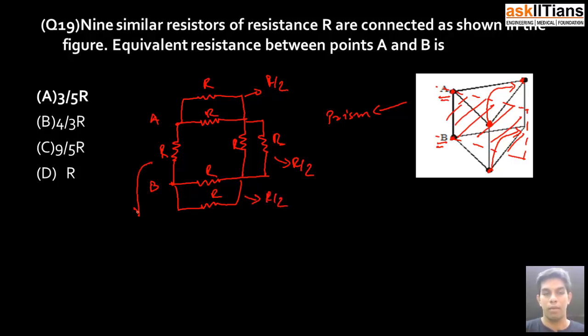So the next step in drawing an equivalent circuit diagram is this. This is R, points A and B, and this is 3R by 2. If you now want to find the equivalent resistance between points A and B, these two are in parallel, and if we solve it, we get 3 by 5 R as the equivalent resistance between points A and B.